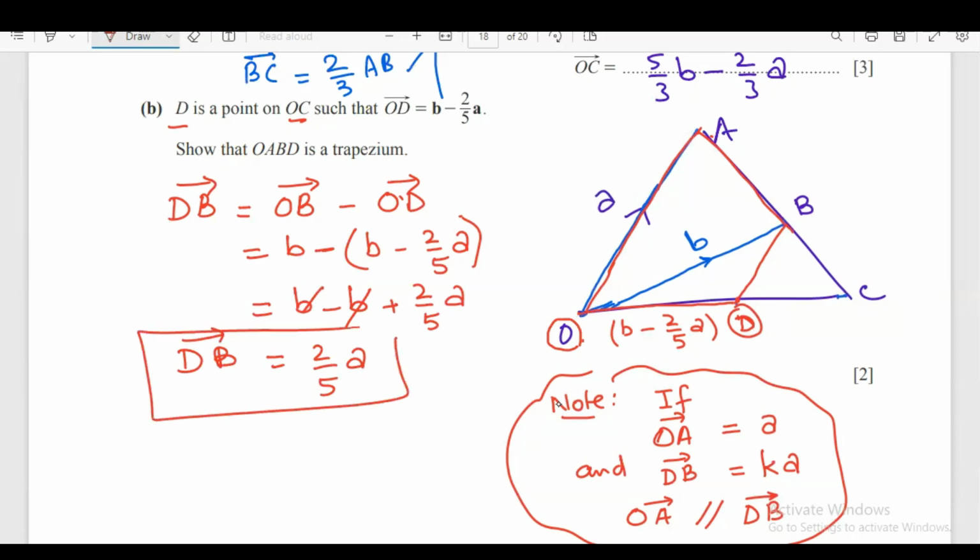And we are observing that DB is a multiple of vector OA. Vector OA is a and DB is 2/5 a.